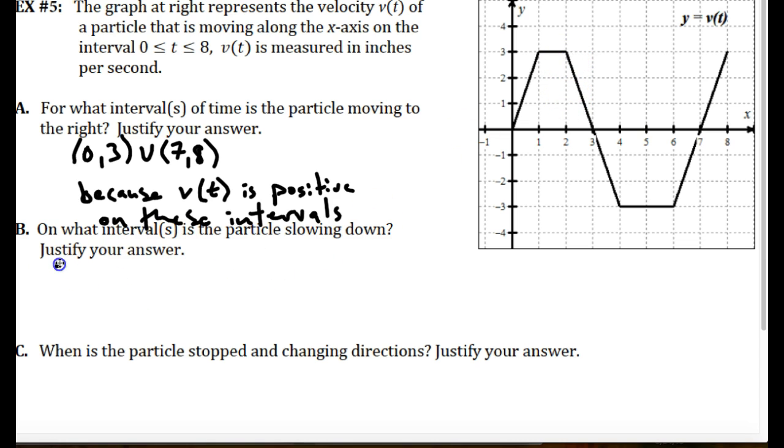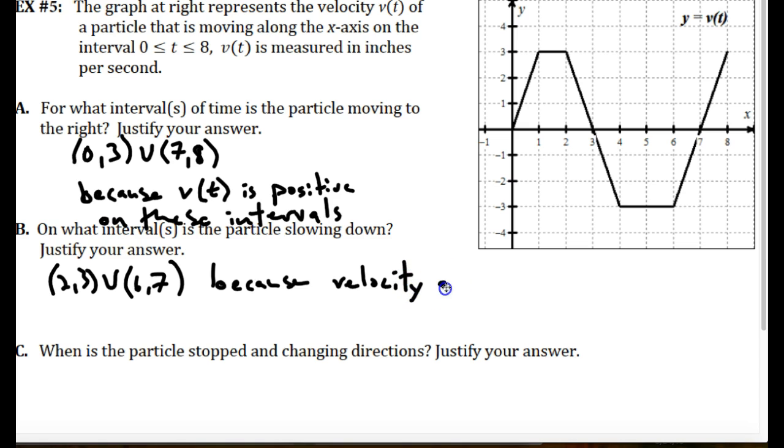So we would say from 2 to 3 and 6 to 7. Okay, and our reasoning could be because velocity and acceleration have opposite signs.